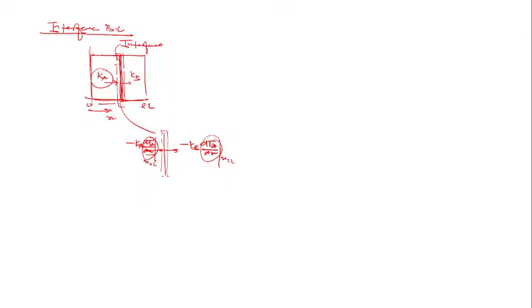Because they are both solids. So at the interface, minus ka into dTa upon dx at the interface is equal to minus kb into dTb upon dx.